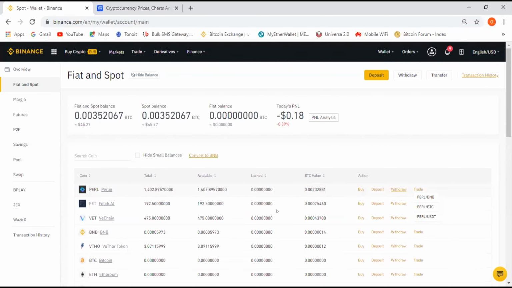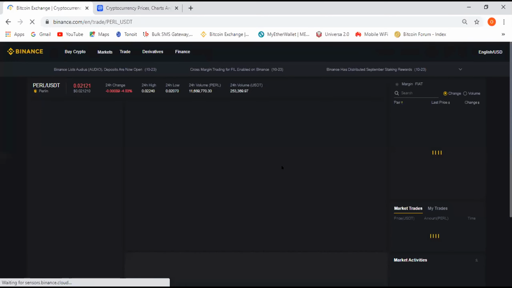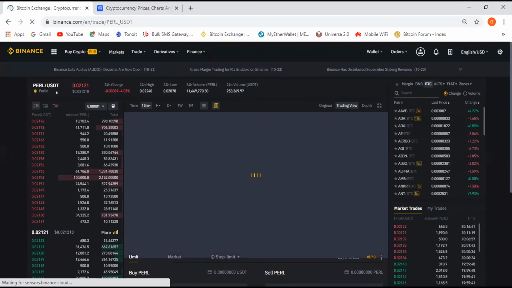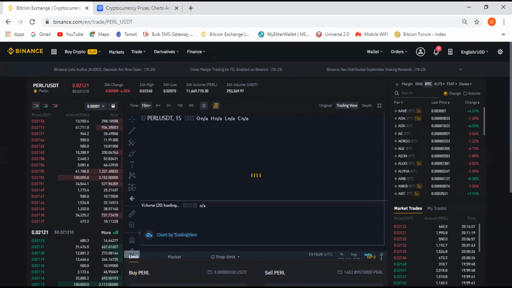So now I have Perlin. Now I want to convert this Perlin to USDT. So I come to Perlin and I click on trade. Once I click on trade, it brings me straight to the Perlin USDT pair.